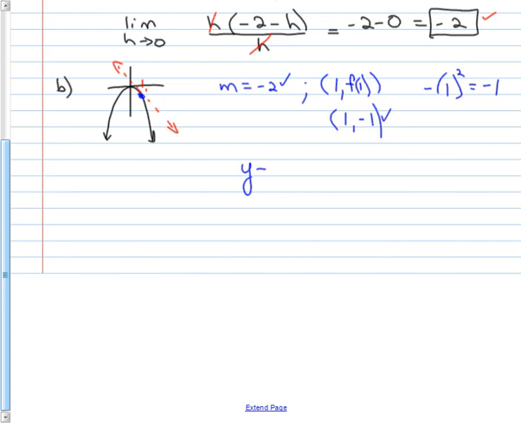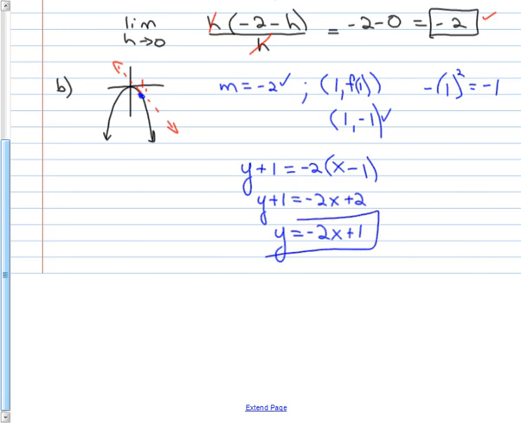Y minus our y value, which is -1, so it'd be y plus 1, equals m, our slope, -2, times x minus the x value, which is a 1. I'm just filling in point-slope form. Y plus 1 equals -2x plus 2. Subtract the 1, and we found the equation of that line right there: -2x plus 1.